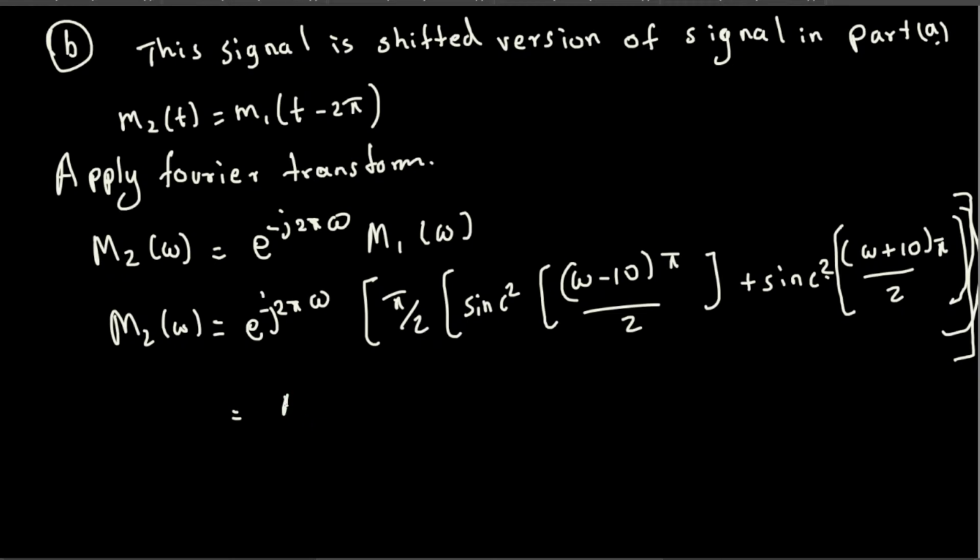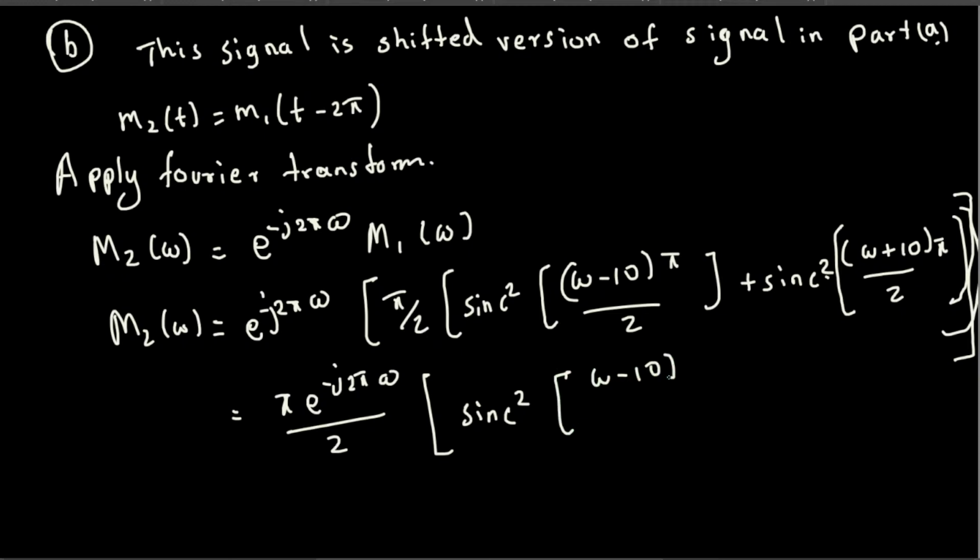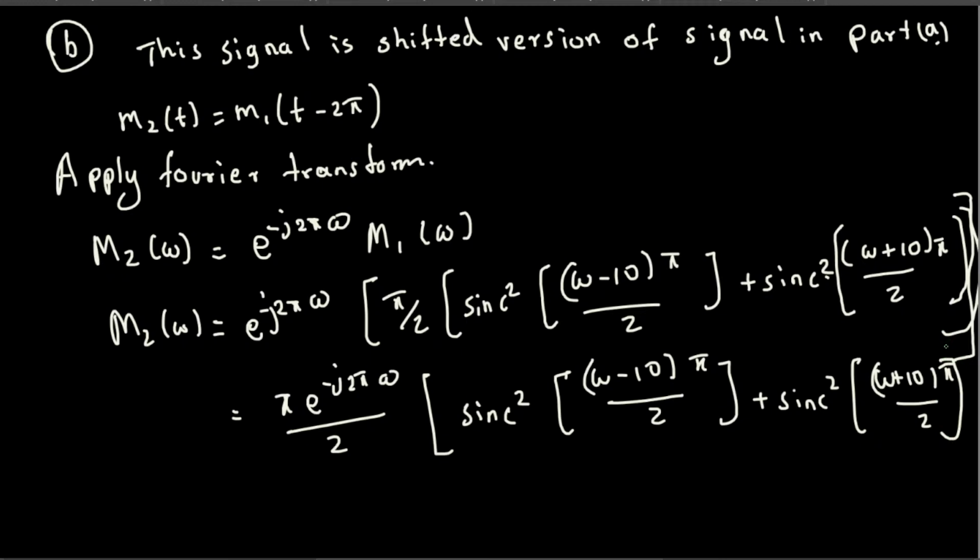If we do that, this is going to be pi e power minus j2 omega divided by 2, and then the other terms multiplied, that is sin square of omega minus 10 pi divided by 2, and then plus sin square of omega plus 10 pi divided by 2, one bracket for this and the other bracket for the common factor.